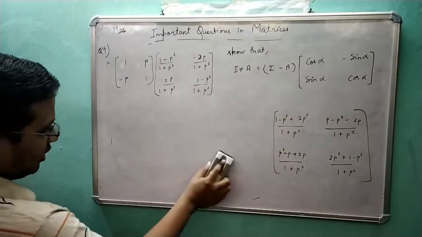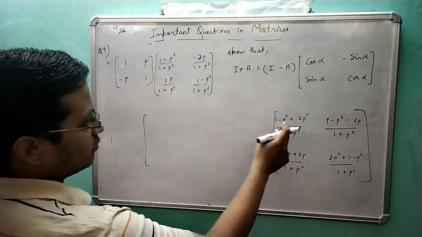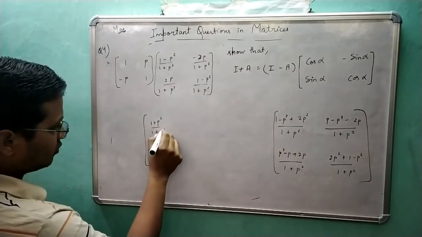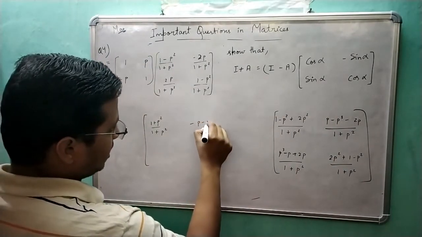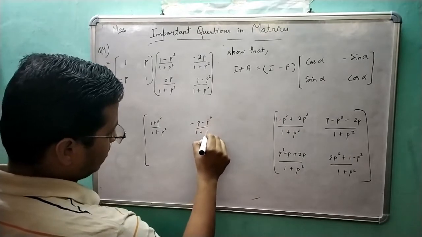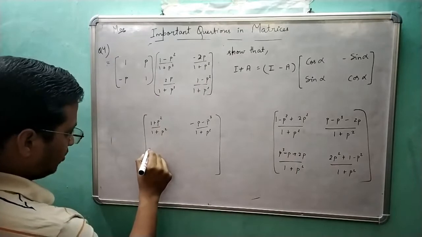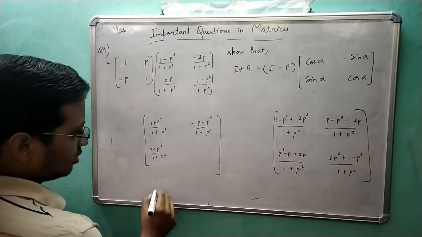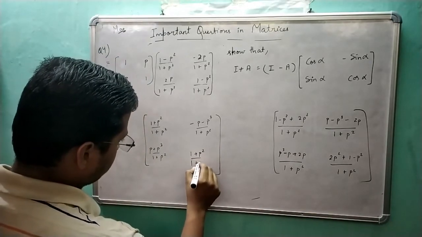Now again simplifying this, we are going to get, see 1, so this will be (1 plus P square) by (1 plus P square). This will be minus P cube by 1 plus P square, P plus P cube by 1 plus P square, (1 plus P square) by (1 plus P square).